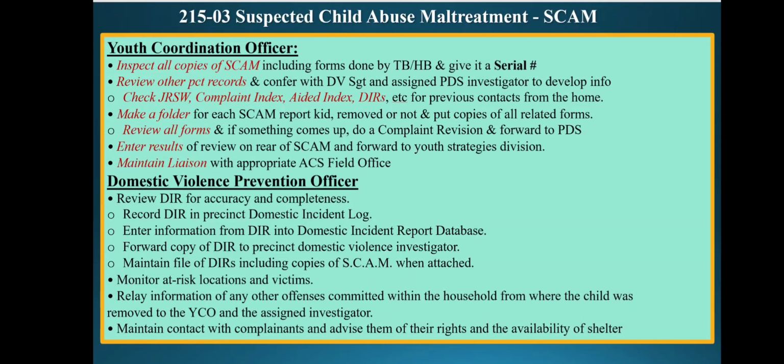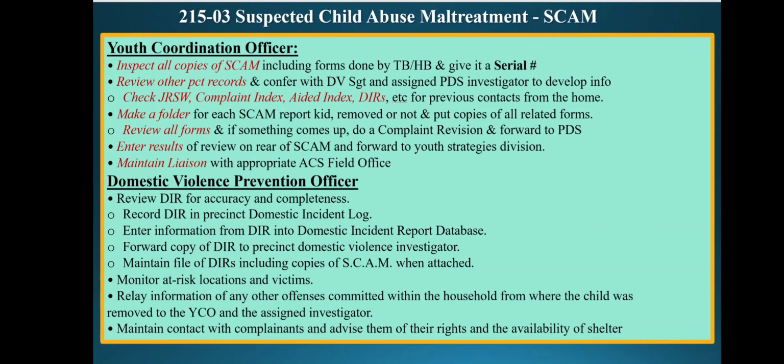Enter results of the review on the rear of the SCAM and forward to Youth Strategies Division. Maintain liaison with appropriate ACS field office. Domestic Violence Prevention Officer: review DIR for accuracy and completeness. Record DIR in Precinct Domestic Incident Log. Enter information from DIR into Domestic Incident Report Database.